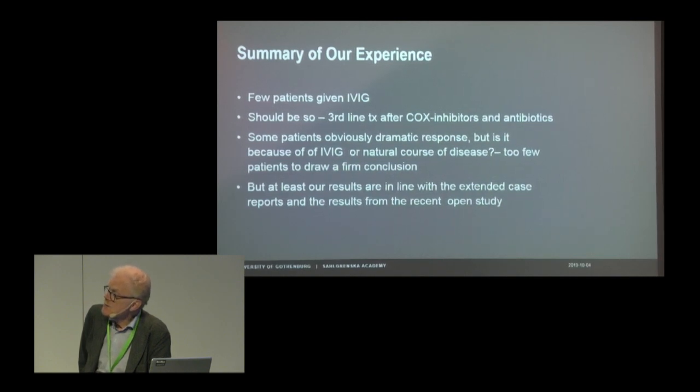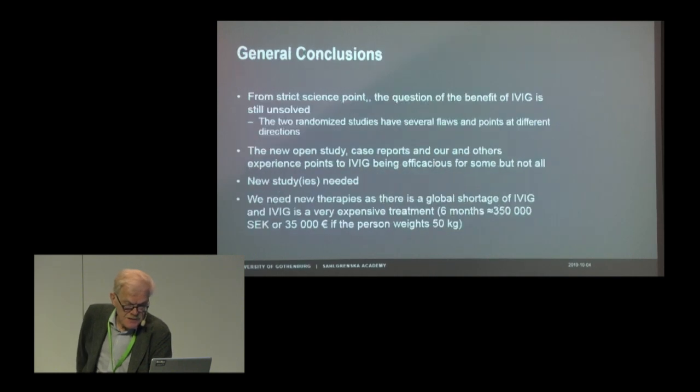Also, as you see, and we see in other case stories, there is obviously a dramatic response, but is it because of immunoglobulin or the natural relapsing course of the disease? It's too few patients to draw a firm conclusion. But at least our results are in line with the extended case reports and the results from the recent open study. I think that is the best we can say.